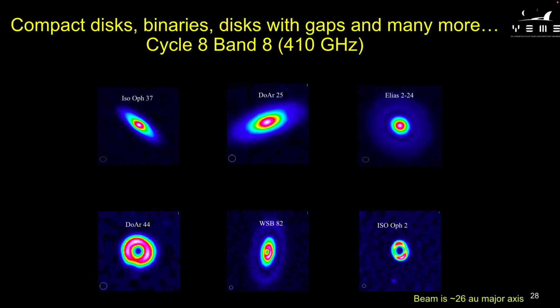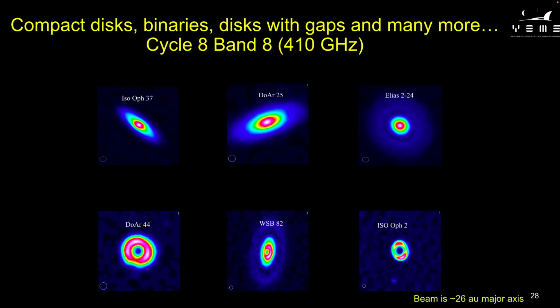So this is an interesting target. DoAr 25 also has some outflows coming out here, although this is a younger disk compared to this one. This is again very interesting because we are seeing substructure in both younger and older disks. That was something of a dilemma, an interesting result.